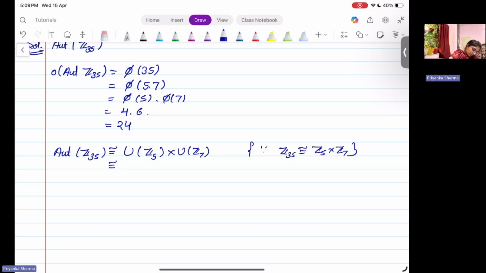This is isomorphic to Z4, and this is isomorphic to Z6. The automorphism group of Z35 is isomorphic to Z4 cross Z6. So whenever you need to find the automorphism group, you can find the group of units there.